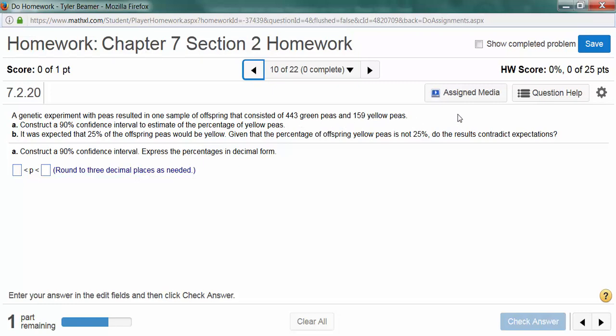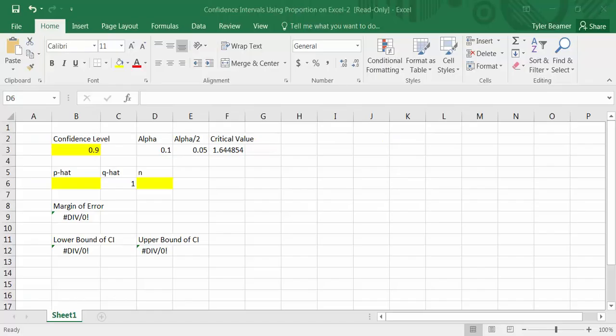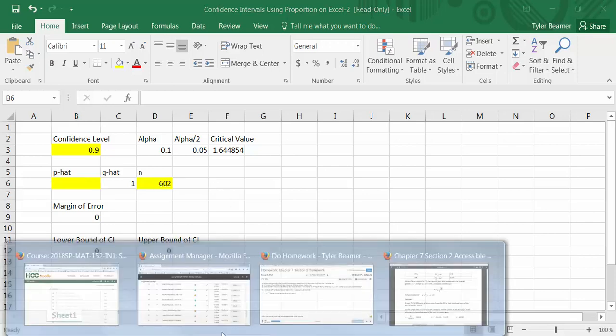So actually in this problem we want to add those two numbers together to get a total of all the peas in the sample, which is 602. Sometimes you have to add and sometimes you don't. It just really depends on the problem. So n represents all of the peas in the sample for this particular problem.